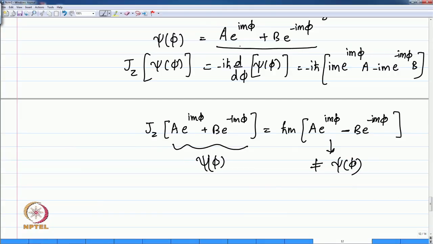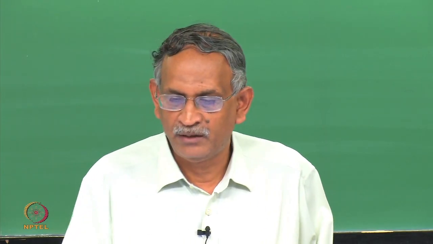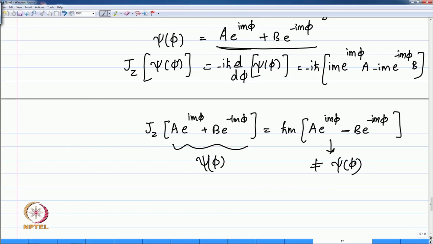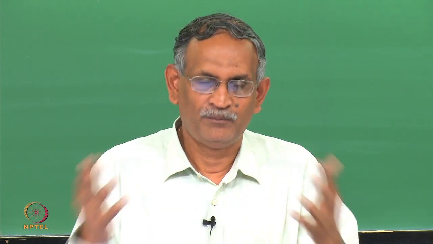Of course, that's how you solve the Schrodinger equation, and I gave this as a general solution: A e^{i m phi} plus B e^{-i m phi} that you have here on the screen. This is also an eigenfunction of the energy operator, but it's not an eigenfunction of the angular momentum operator. Therefore, the particle in a box and the particle on a ring come out with something unique.